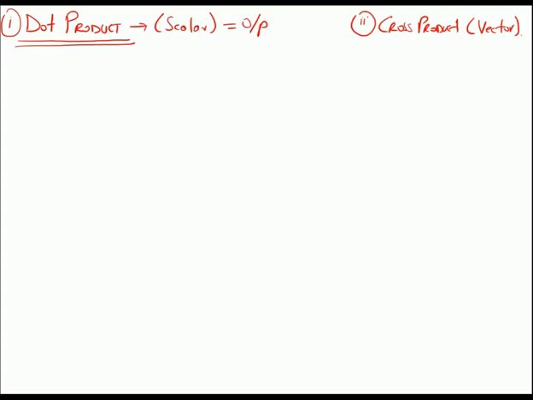So what is a dot product? The idea is, if we have any vector, let's say vector A, and we have another vector B, and there is a certain angle made between these two vectors.